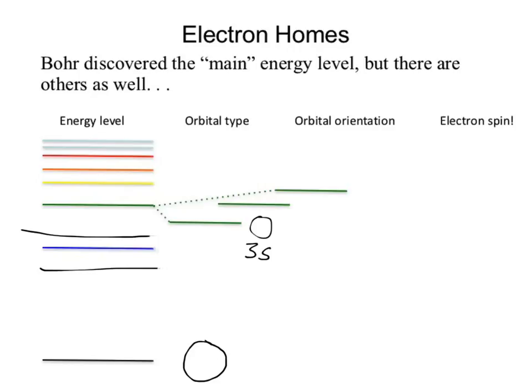What's the next one up? Our dumbbell shape, which has 3 orientations. The name for each of those orientations independently would be P, but I have to specify that they're at the 3rd energy level. So they're 3P. Also known as degenerate because they have the same name. I move up. This one's 5.